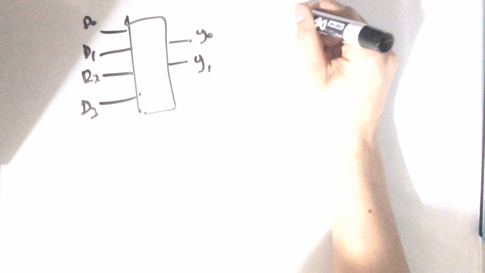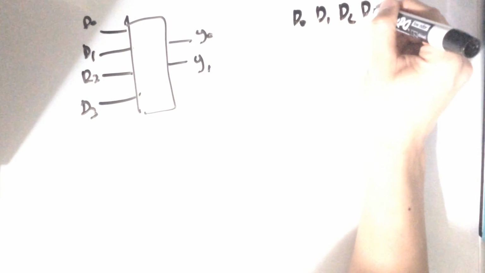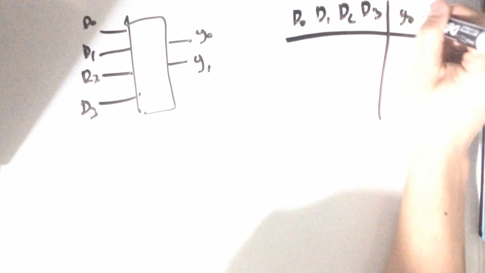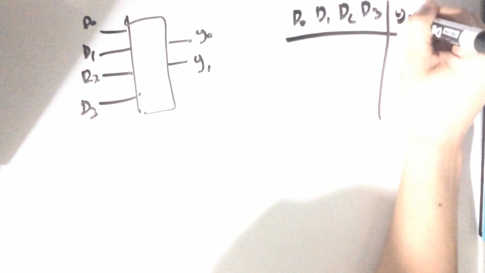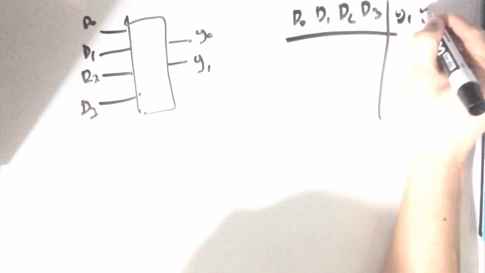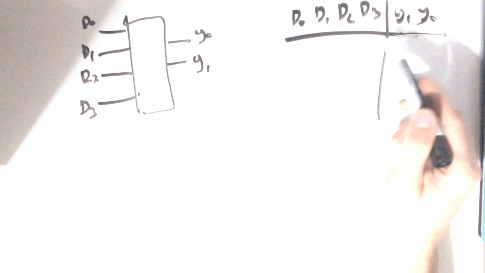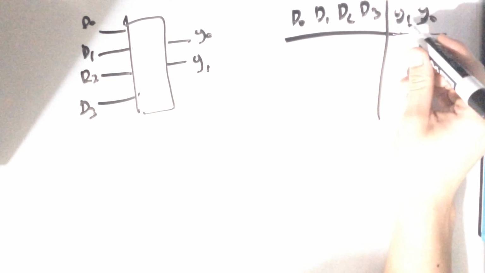Now let's draw the little table we have here: D0, D1, D2, D3. Oh, you know what? Let me switch the order of these: Y1, Y0. The order of that does not matter, but in a little bit you'll see why it's a little better for readability.